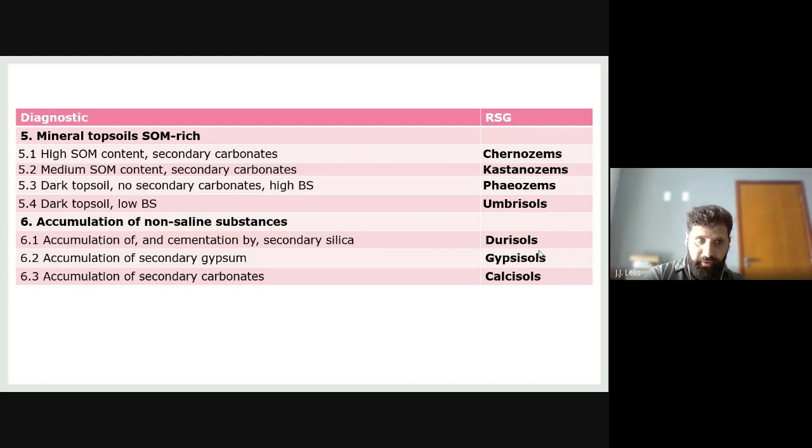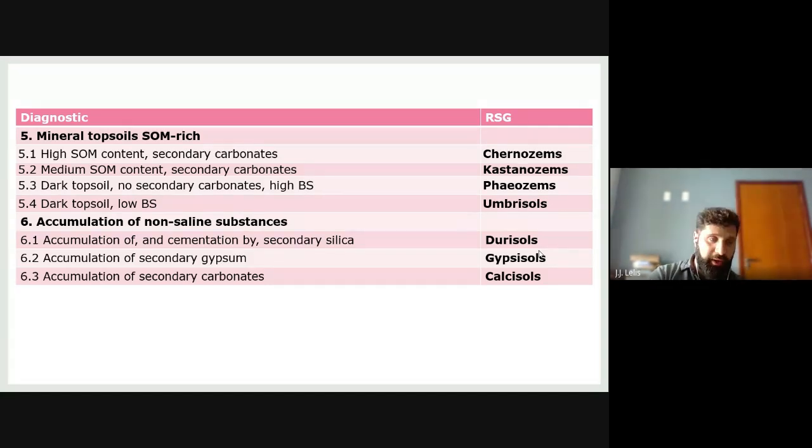Besides these soils, we also have some soils that register the accumulation of non-saline substances, non-materials that are from a direct influence of tidal water, okay? And those soils are the durisols. The durisols are soils that possess cementation by secondary silica.